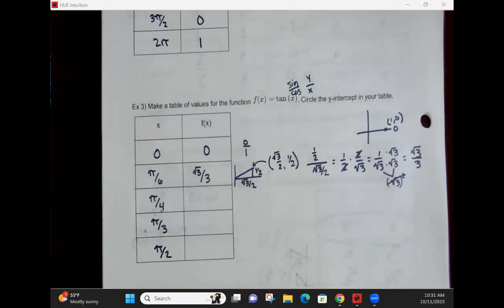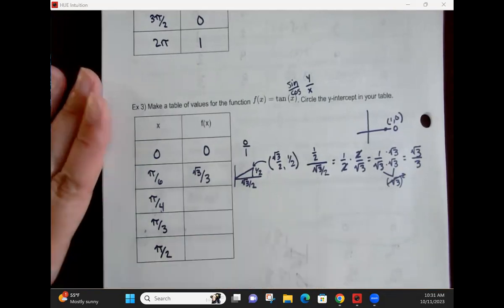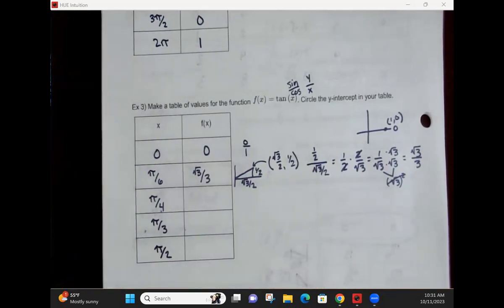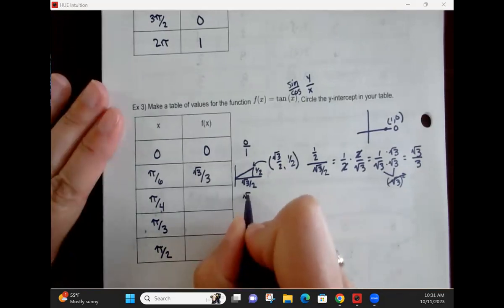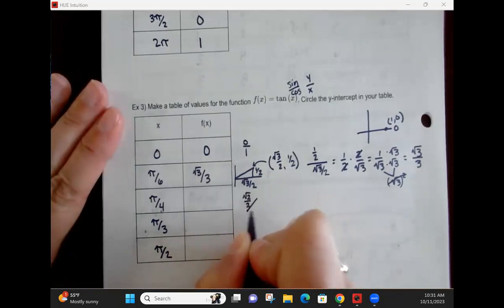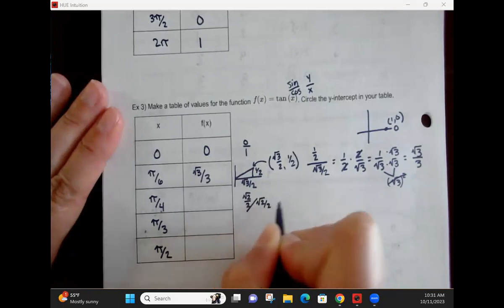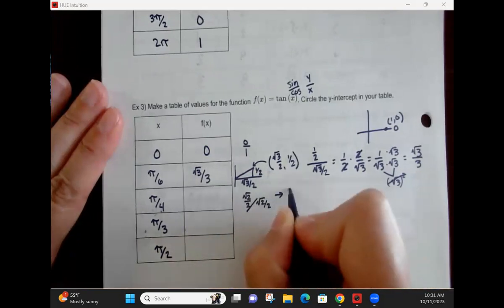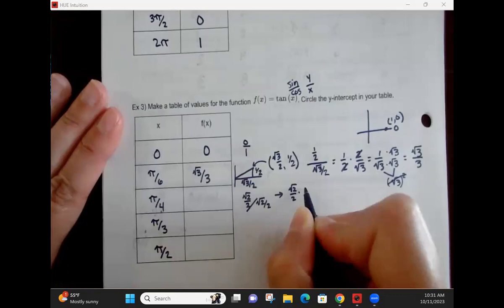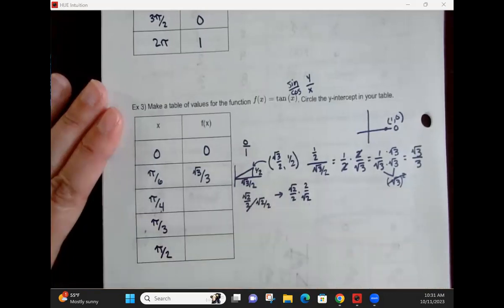Pi over 4 was the √2 over 2, comma √2 over 2. It's all the √2's and 2's. Since both values, both the x and the y, are √2 over 2, I know that this is √2 over 2 divided by √2 over 2. So that would be √2 over 2 times 2 over √2 when we multiply by the reciprocal.